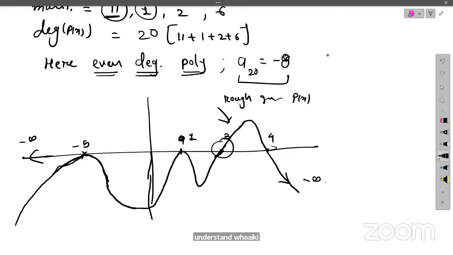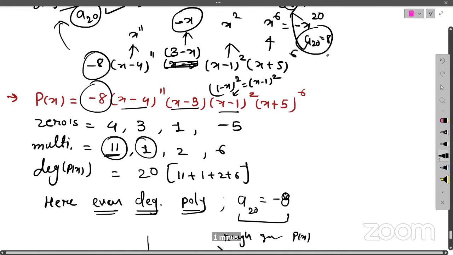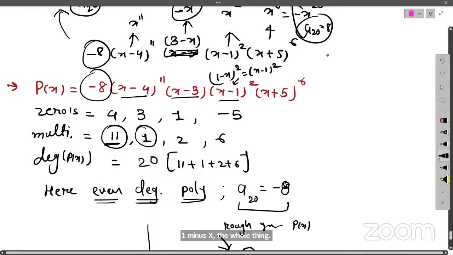Okay, so yes, I'll do one more example. Ma'am, one small question. That coefficient will not change if there is (1 minus x) raised to 2, the whole thing? No, it won't change.